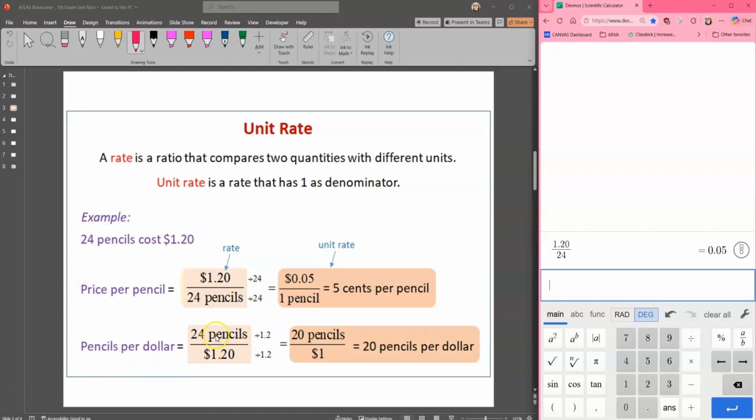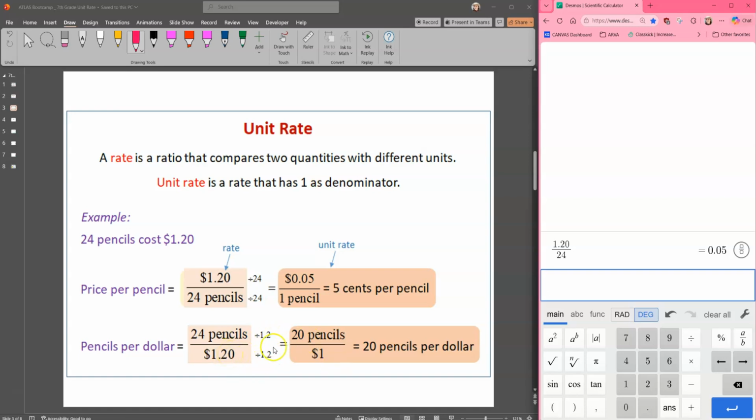So for every pencil, it costs 5 cents. You can also flip that in terms of pencils per dollar. So price per pencil, 5 cents per pencil. But how many pencils if I have $1? If I give you $1, how many pencils are you going to give me? Well, I had 24 per $1.20. I'm going to divide the top and bottom by 1.20 because I want that bottom to be 1, and anything divided by itself is 1.